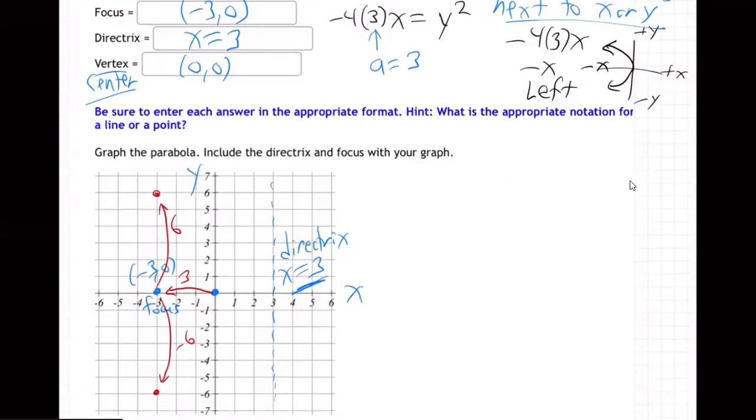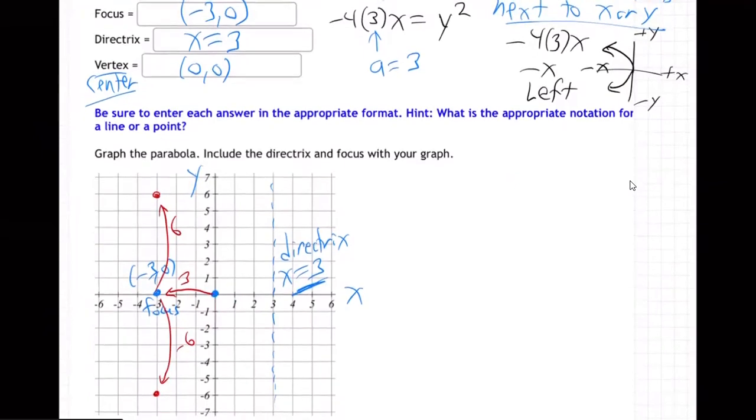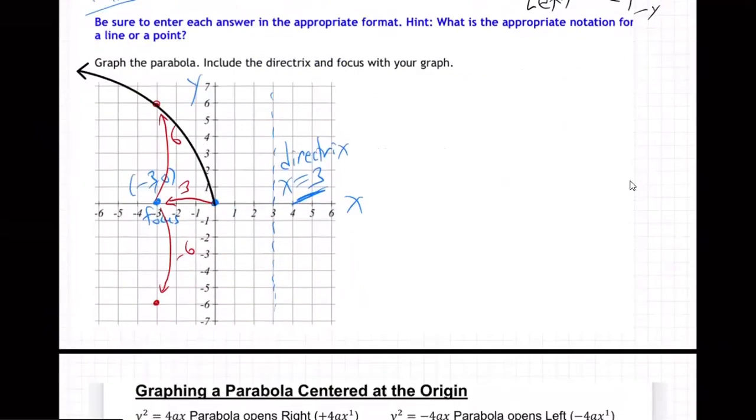There are the latus rectum points. So the real graph will go through those, and the branches, perfect. And the other branch. Close enough. There we go.